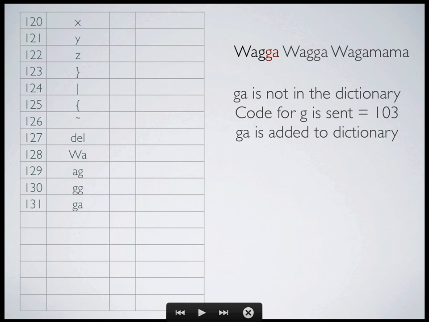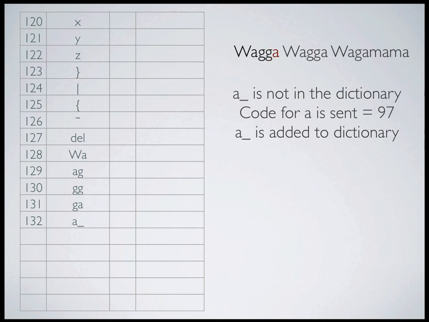Now you notice there, as we step through them, just because we've done AG doesn't mean that GG doesn't get done then. That G there is being counted twice. Do you know what I mean? It's being represented twice in the table. Each slice, as it's sliding across, is getting done. So GA is not in the dictionary, so the code for G is sent and GA is added to the dictionary. Then we have A space, that's not in the dictionary, so the code for A is sent, and then A space is added to the dictionary.